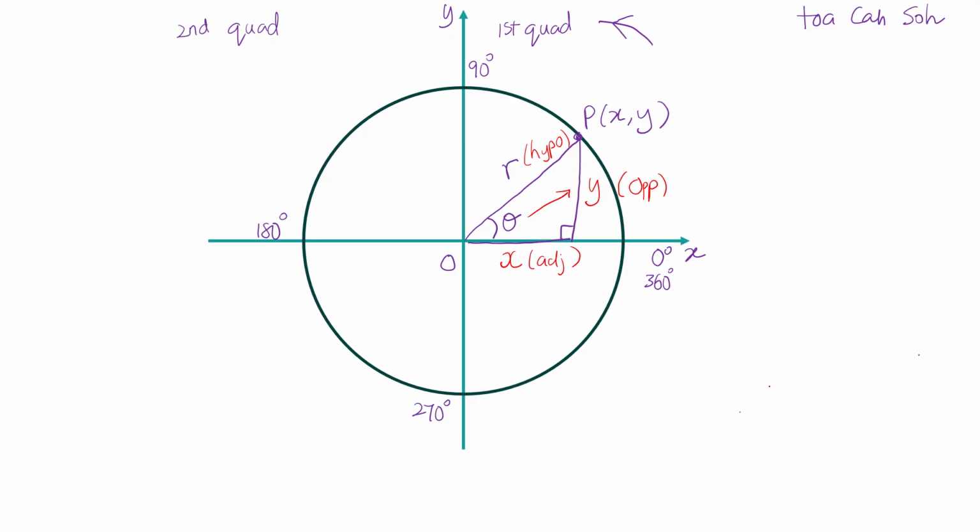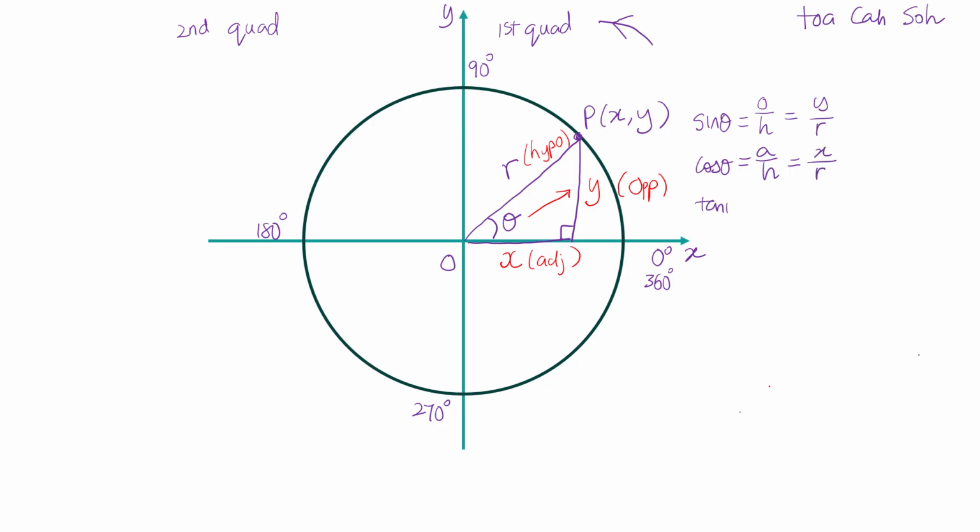So the first quadrant is what we have learned in the lower secondary. We find the ratio for sine theta to be opposite over hypo, which is just y over r. Then for cosine theta, it's adjacent over hypo, which is just x over r.